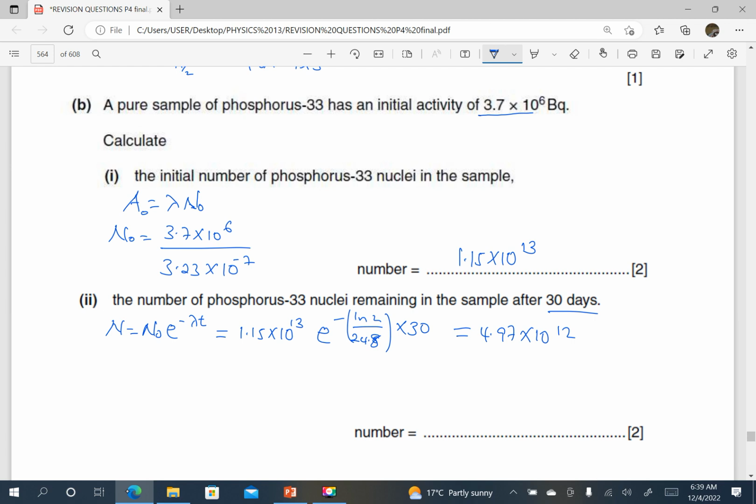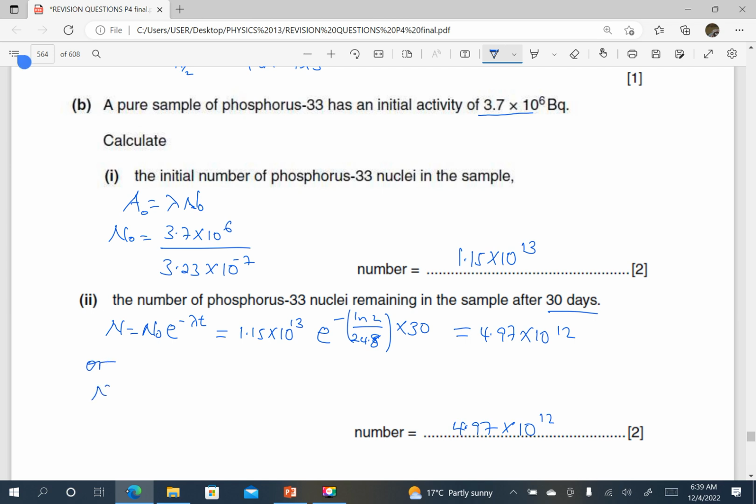So it means the number of nuclei is 4.97 times 10 power 12. There's another simpler method, another alternative.